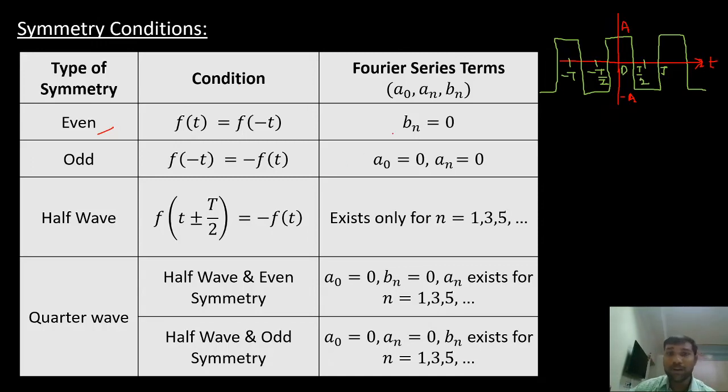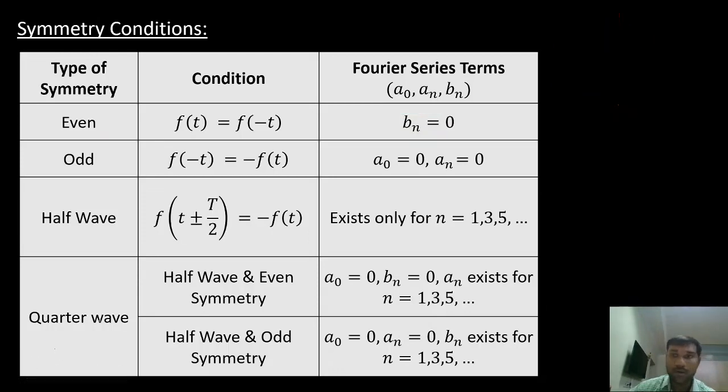Hence we can say it is an even signal. For an even signal, Bn is equal to 0. Basically, for an even signal, all the sine terms will go to 0 and we are only left with cos terms. So how will A0 and An look for even signals?